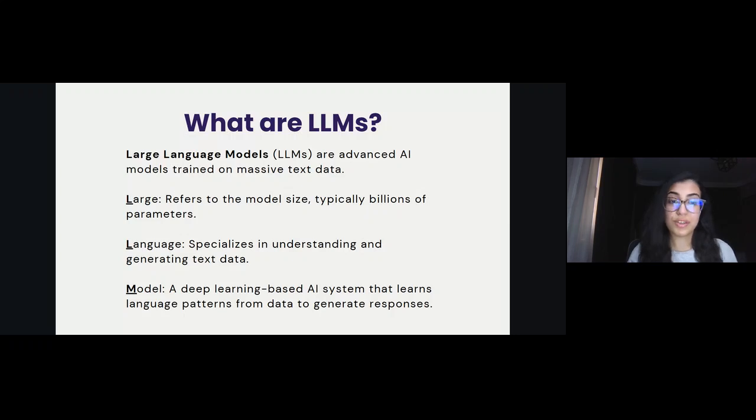So this is where large came from. And language is because it specializes in natural language, understanding it and generating it. And model because it is basically a deep learning based AI system, and it learns just like any deep learning model. It learns language patterns, and it learns the patterns coming from the data to be able to generate responses.